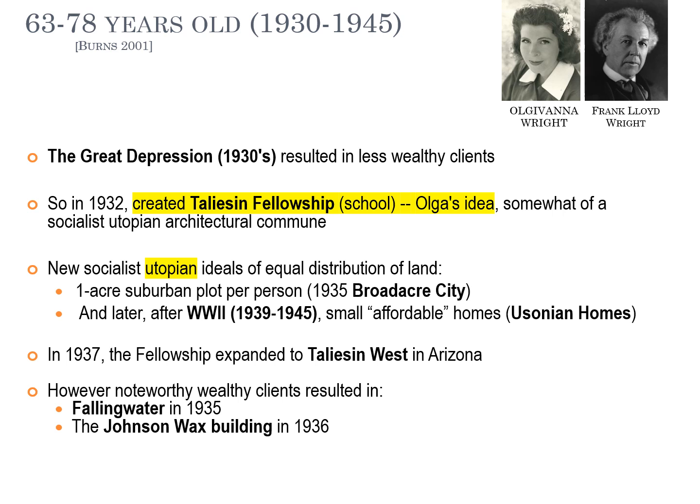And then the fellowships expanded to Taliesin West, so they spend time in Wisconsin and then in Arizona, 6 months at a time. And they do that for many decades. With the students, a couple noteworthy wealthy clients, however, during the Depression is the Falling Water in 1935 and the Johnson Wax Building in 1936.